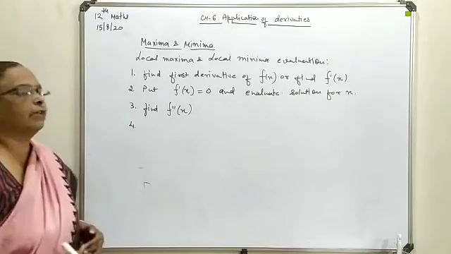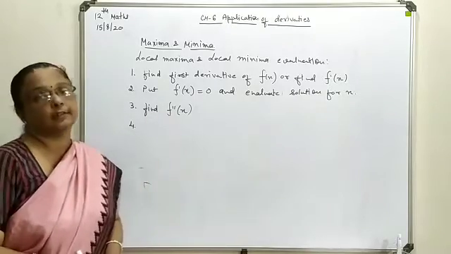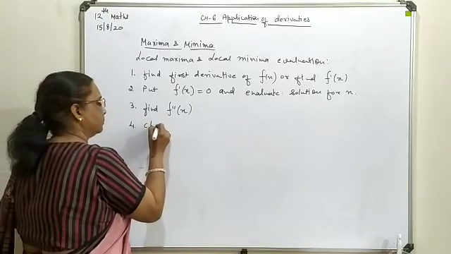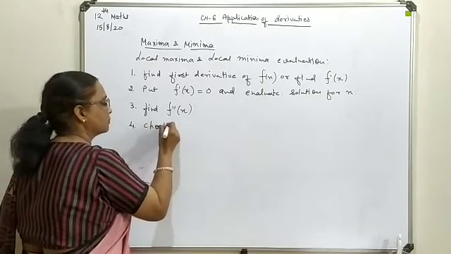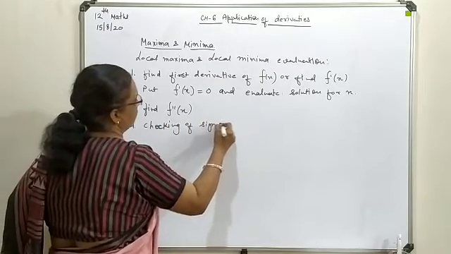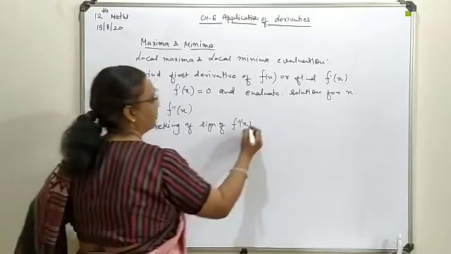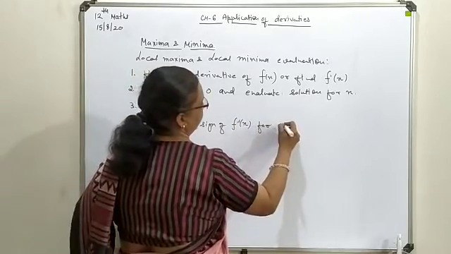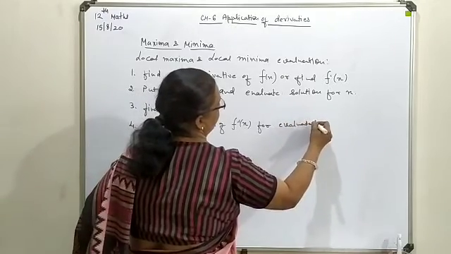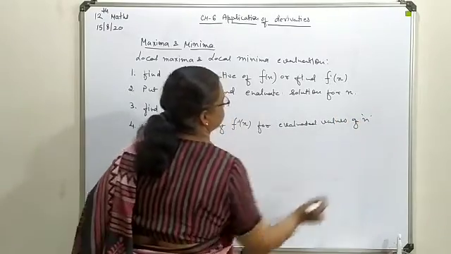For evaluated value of x, you will check the sign of this second derivative. So fourth step is the checking of sign of f double dash x for evaluated values of x.